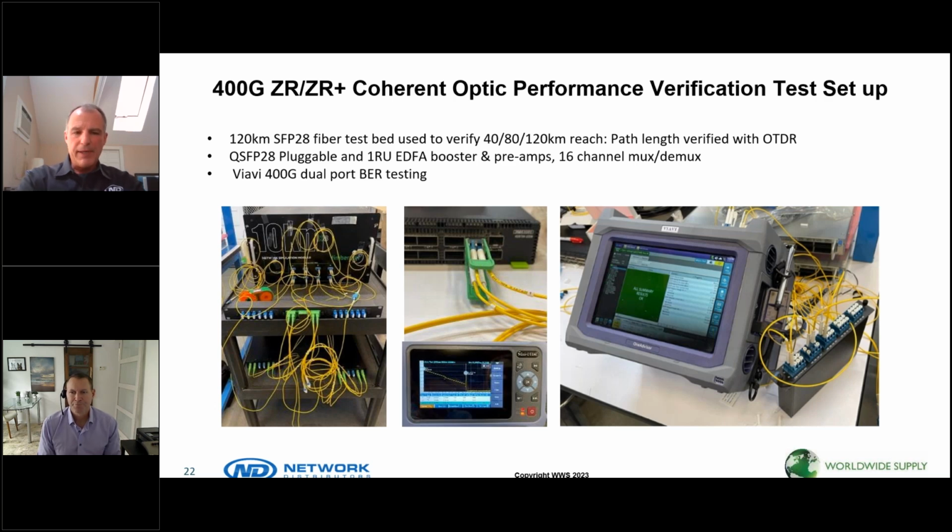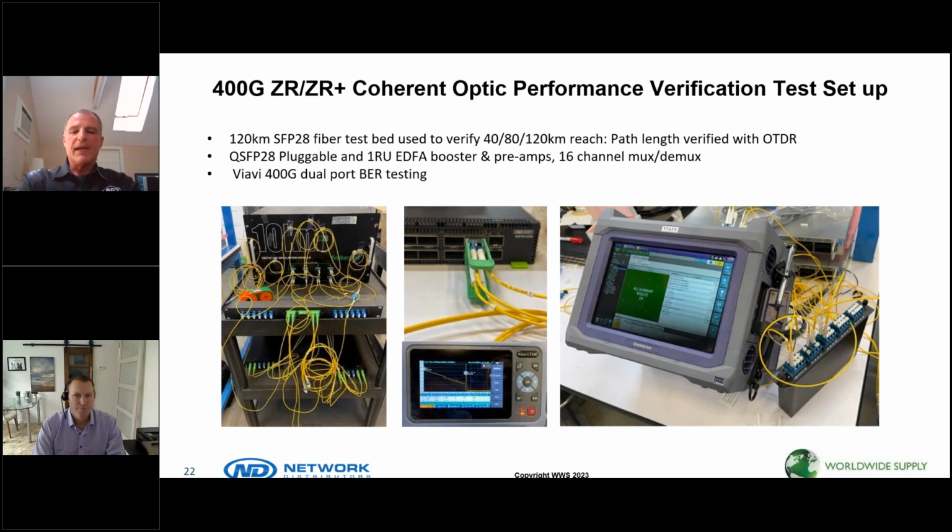Yeah. And why is this done? Done for a couple of reasons. One is from a marketing perspective, I can only tell you how many times a customer has said to me, well, the OEM data sheet says I can go 120 kilometers with the ZR Plus. What can yours do? So you have to qualify that, because that 120 kilometers with the ZR Plus is amplified. So we put together a test bed so we could verify various lengths.